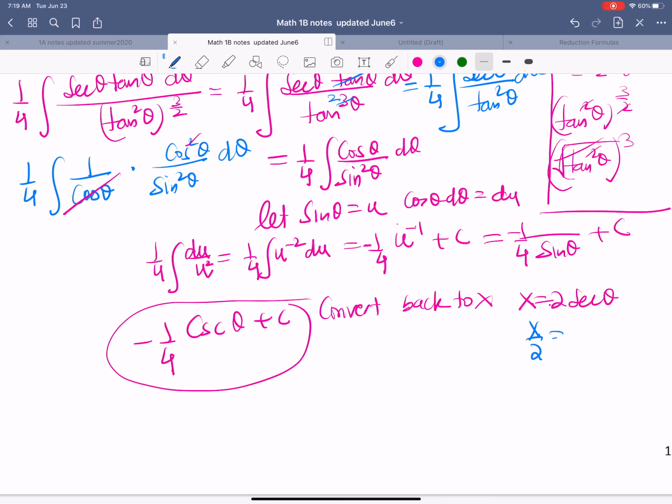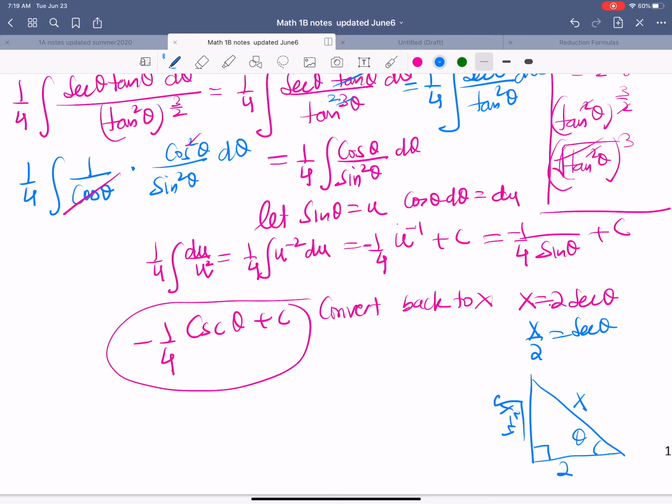So x was 2 secant theta. We can say x over 2 is secant theta. Draw your triangle. Reciprocal of cosine is the secant. Cosine is adjacent over hypotenuse. Secant will be hypotenuse over adjacent. And the remaining side would be square root of x squared minus 4.